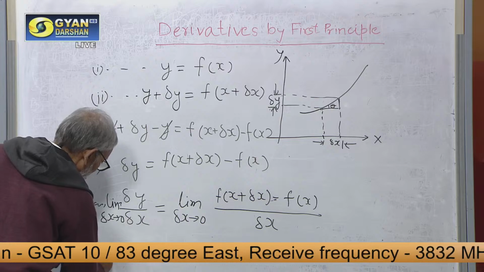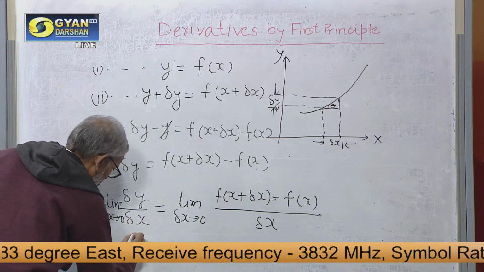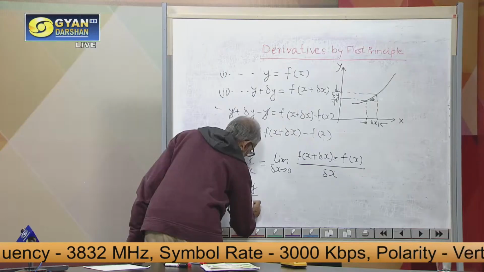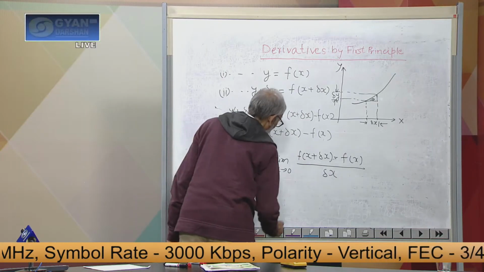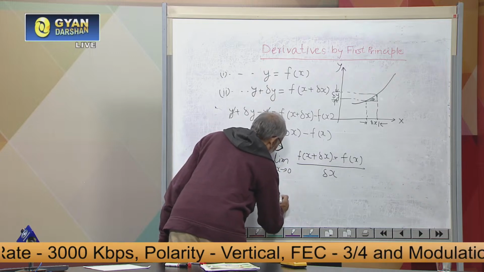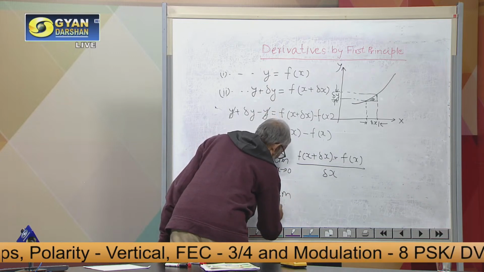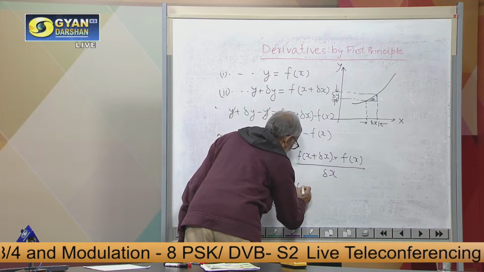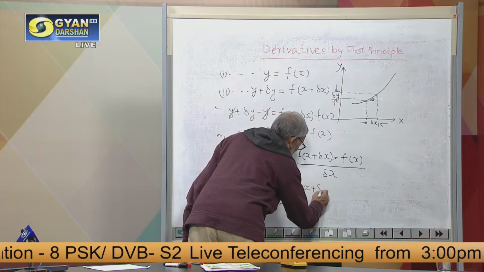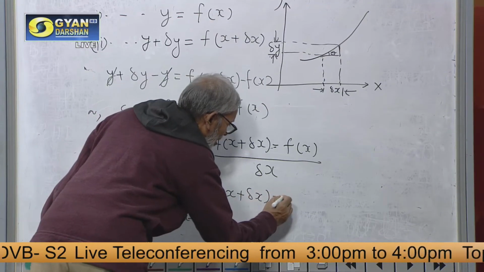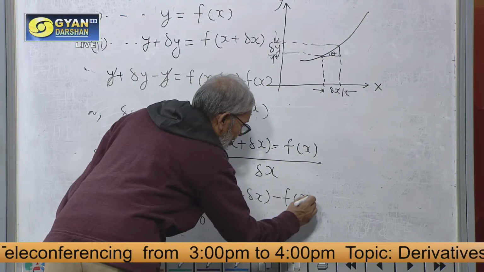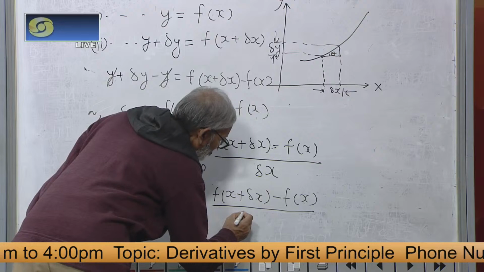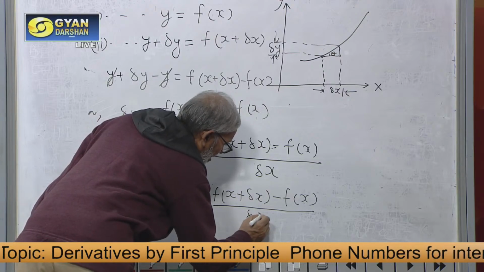This limit we denote by dy by dx, which will be equal to limit delta x tends to 0 of f(x plus delta x) minus f(x) divided by delta x.